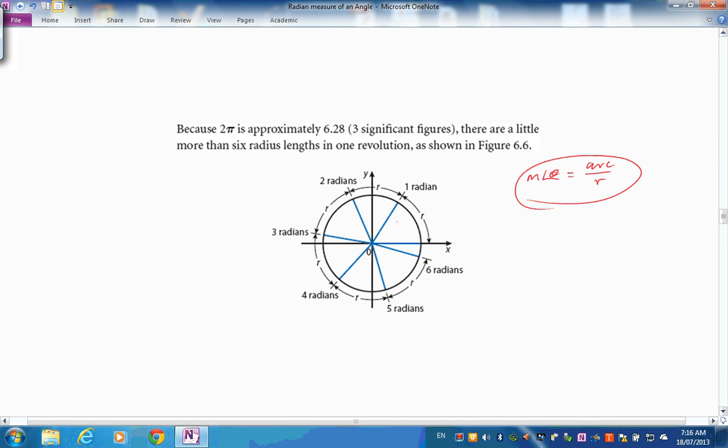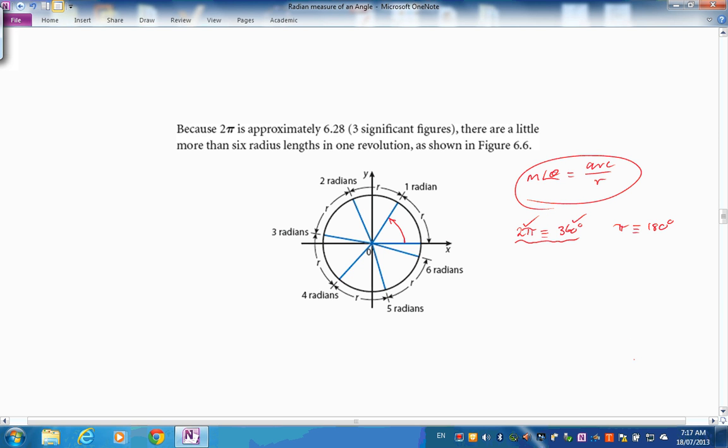Well, if we have an opening here of 1 radian, what it means is arc length over radius comes to 1. Now we know that 2 pi is equivalent to 360, remember, because pi is equivalent to 180. So a whole revolution, 360 degrees, is 2 pi.